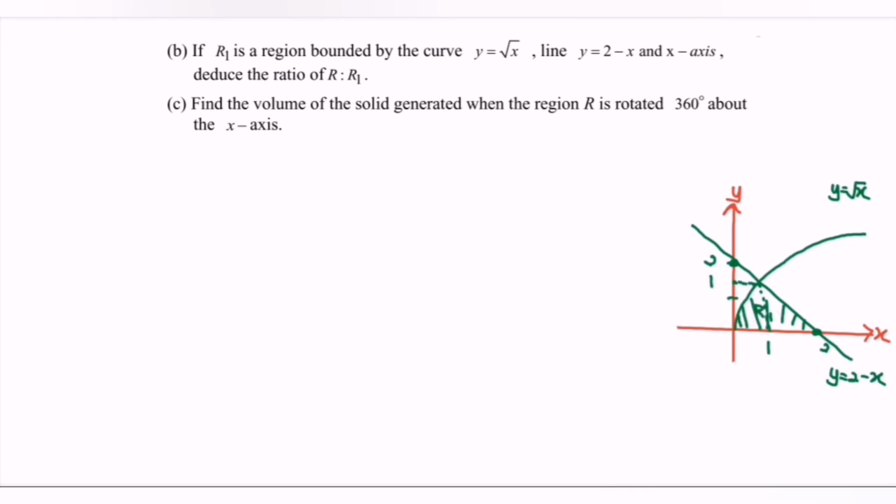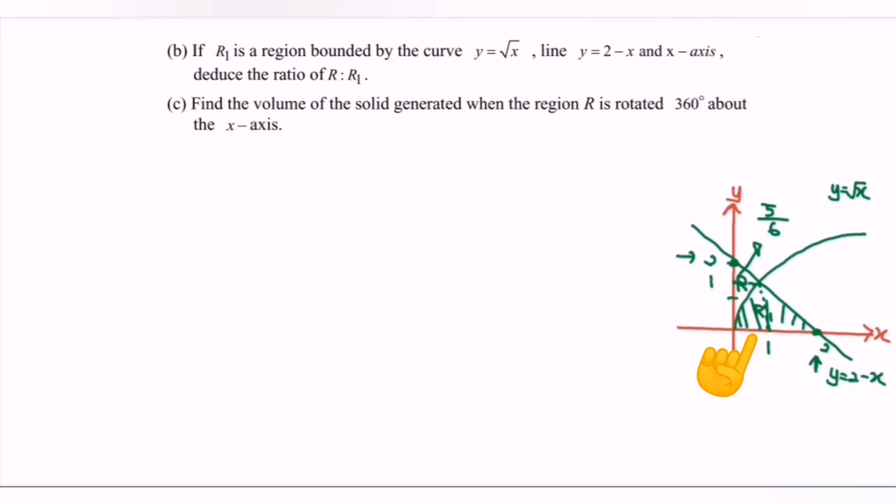If we observe the situation, in order to find R1, actually here we have a triangle. So how to find the triangle? Here we have the value 2. Same goes to this part, we have value 2. Previously, we already denoted this part as R, and the value is 5 over 6.